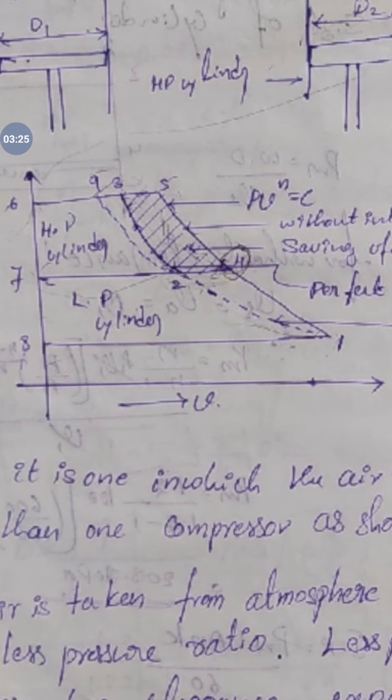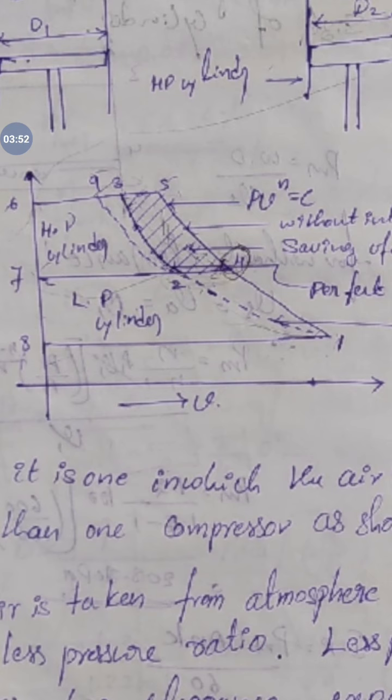So compression takes place from 1 to 4, intercooling from 4 to 2, and again compression from 2 to 3 in the HP cylinder. The process 1 to 2 is isothermal, and also 2 to 9, which I have shown in the dashed line, is the isothermal process. So 1 to 4 is an adiabatic process, 4 to 2 is intercooling, and 2 to 3 is again adiabatic compression in the HP cylinder.